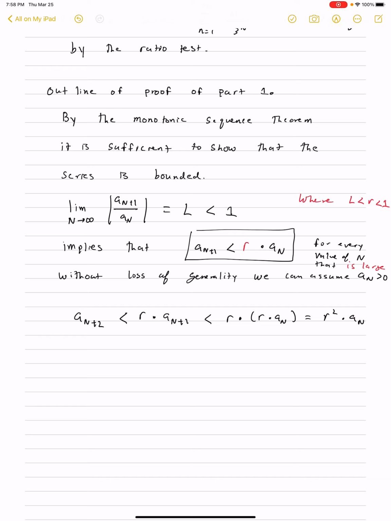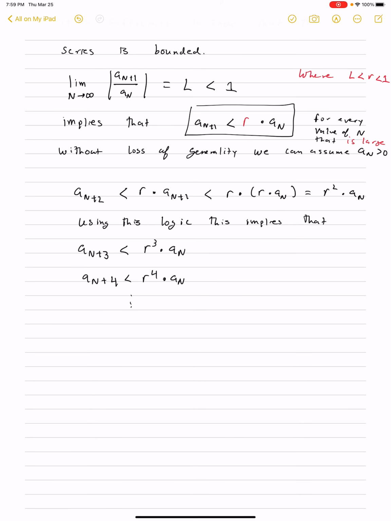Okay, I can play this game again, and using this logic, this implies that a sub n plus 3 is then less than R cubed multiplied by a sub n. Okay, a sub n plus 4 is less than R to the 4th times a sub n, etc. And this relationship keeps being held.